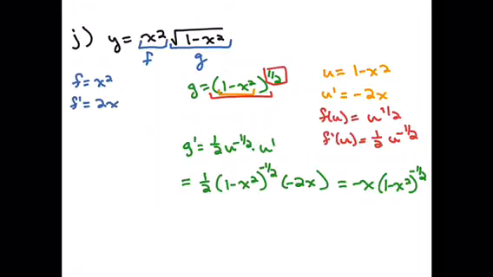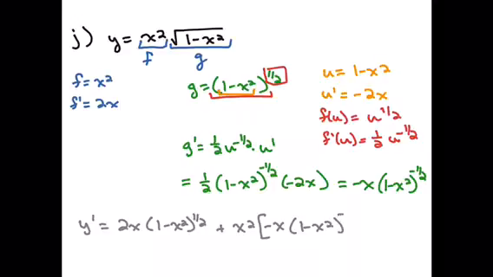So the derivative of our entire function is the derivative of the first function, which would be 2x, times the second function, (1 minus x squared) to the 1/2, plus the first function, which is x squared, times the derivative of the second function, which is -x times (1 minus x squared) to the -1/2.